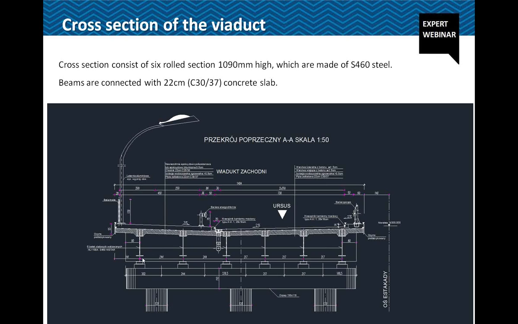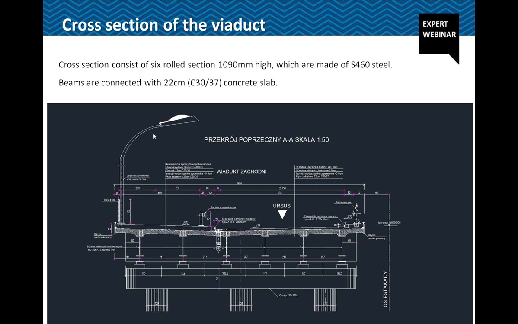These steel beams are 1019 millimeter height, whereas they are connected with concrete slab. This slab is made of C30/37 concrete according to Eurocode.